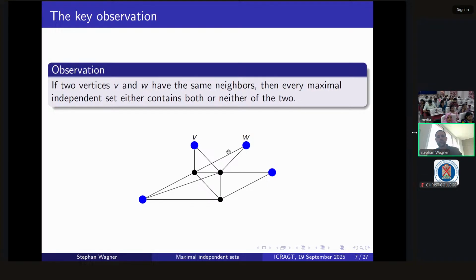If I remove W, I get the exact same number because V and W are either both there or not at all, so I can treat them basically as one single vertex for the purpose of counting. So that means as soon as I have one graph with exactly k maximal independent sets, then I can get infinitely many more by just creating additional vertices with the same neighbors as existing vertices.